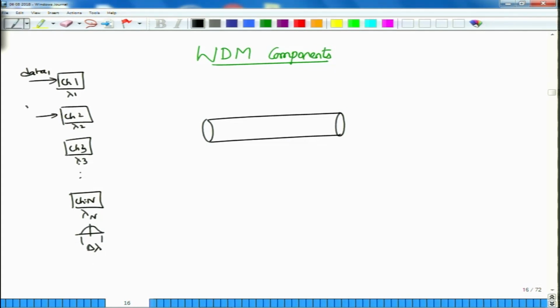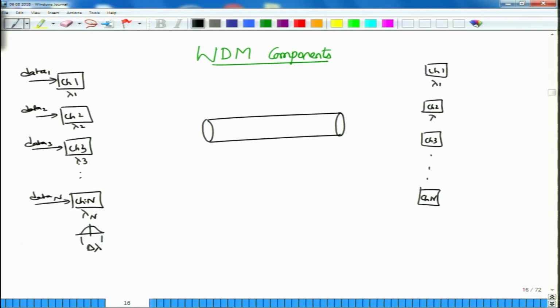Of course, each channel can have its own user data, and the objective of this WDM system is to somehow combine the data that is coming in from different channels and then launch it into the optical fiber, where at the receiver side you should again be able to demultiplex them or remove their combination, and individually you have these different channels.